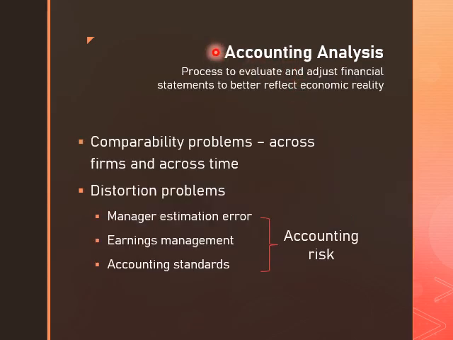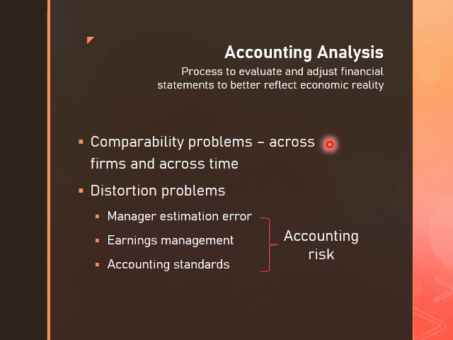Next is accounting analysis. It is actually the process to evaluate and adjust the financial statement to better reflect the economic reality. Okay, but the problems with accounting analysis is we might have a comparability problem because there is no single company use the accounting policy uniformly.